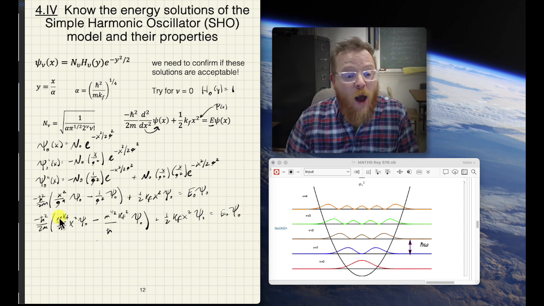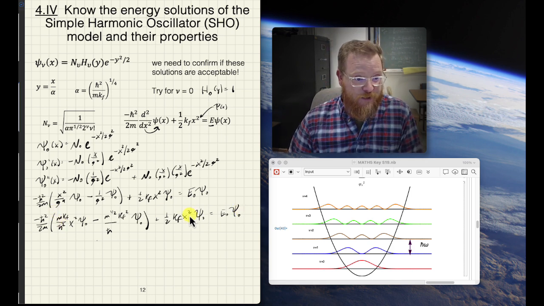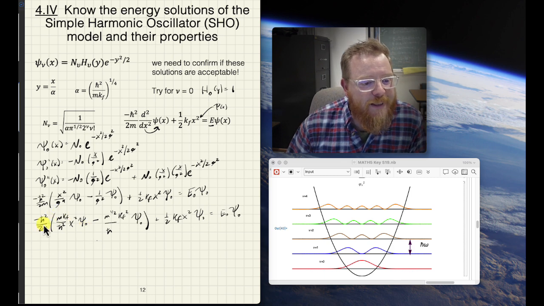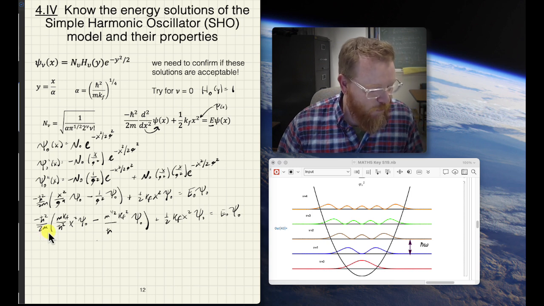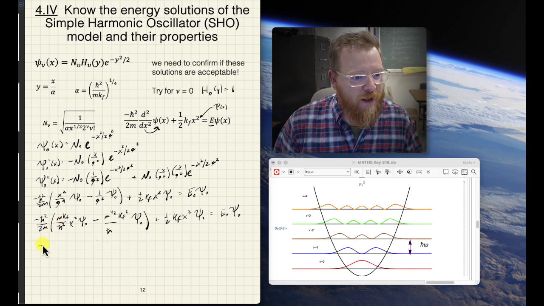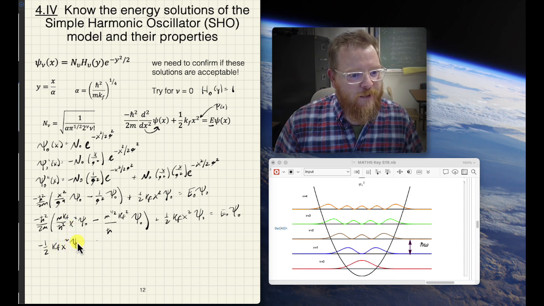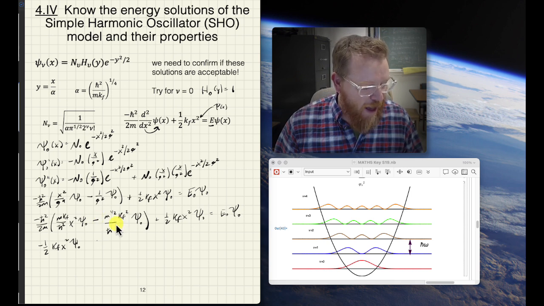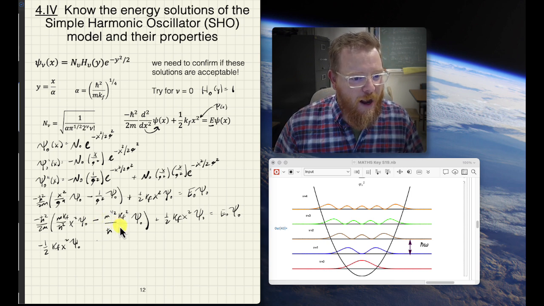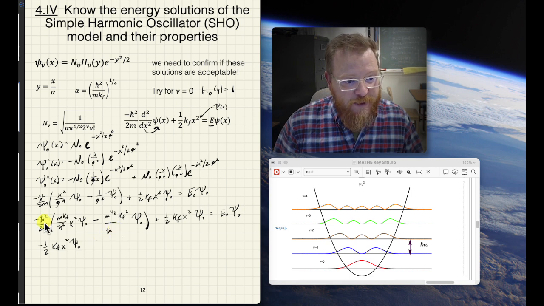Okay, so now I'm going to distribute my constants through. So I can see that my h bar squared and h bar squared will cancel. My m and m will cancel. And so then I am left with negative 1/2 kf x squared psi of 0. Now distributing all of that through, my 1 h bar is going to cancel with 1 h bar, leaving me 1 h bar left.